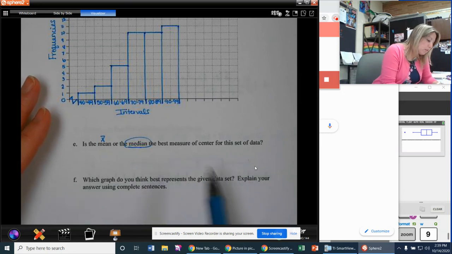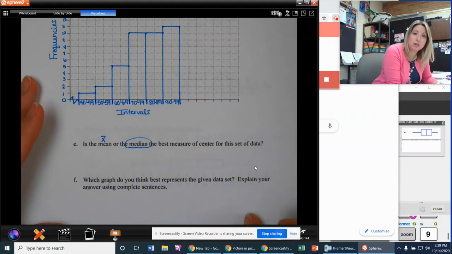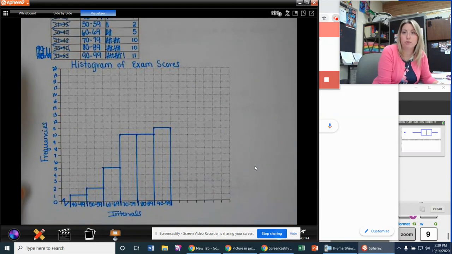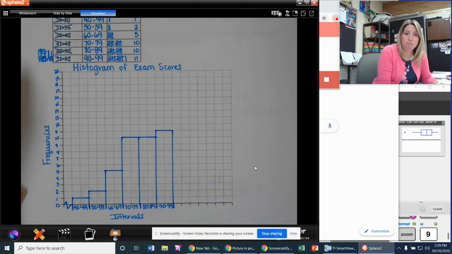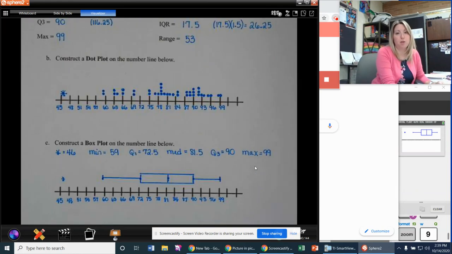Which graph do you think is best given this data? All right, so look at your histogram. This is actually just a personal choice. Now look at your dot plot and your box plot.